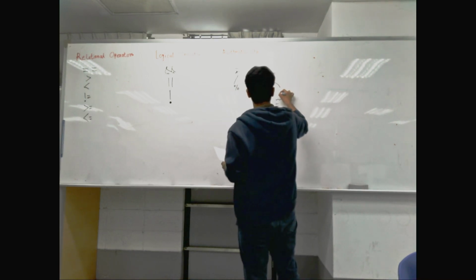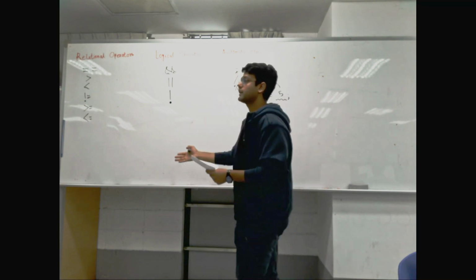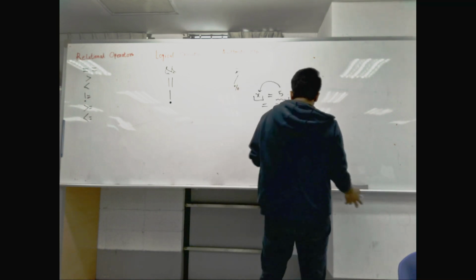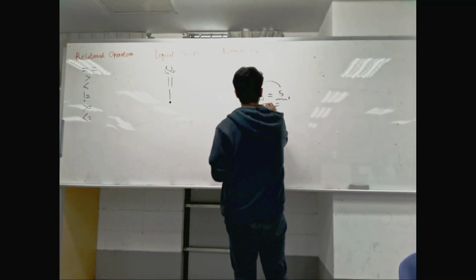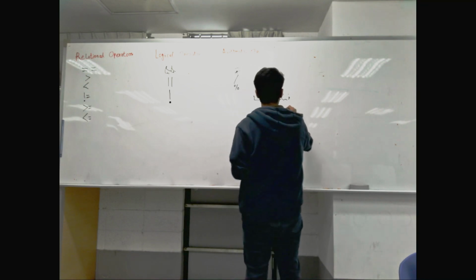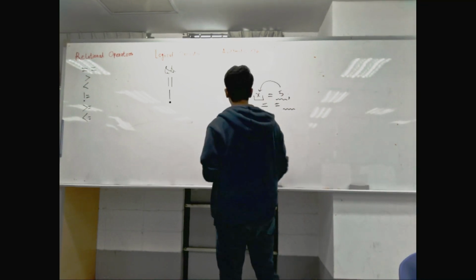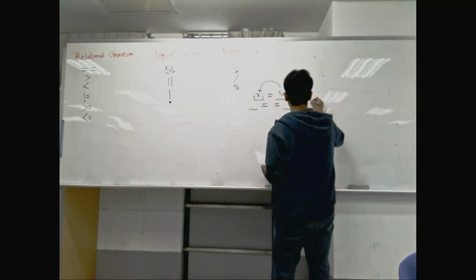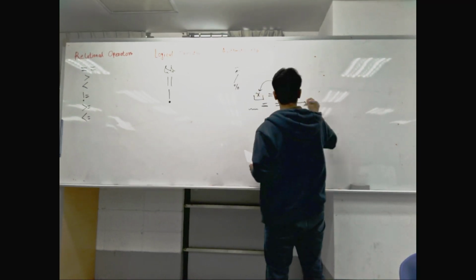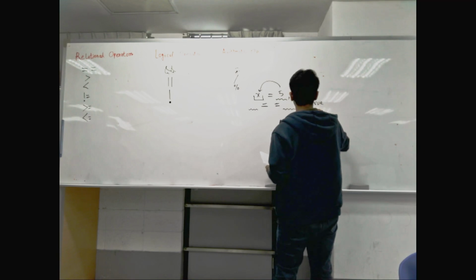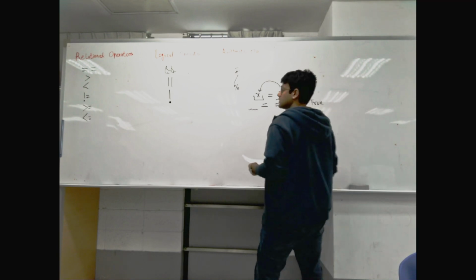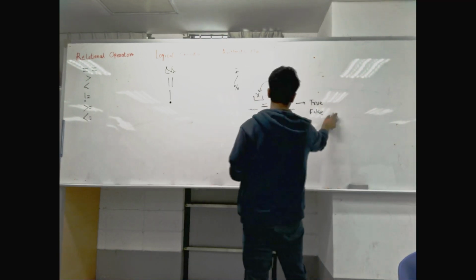So if we write 5, then x will have the value 5. But double equal to means that the value over here should be equal to the value over here. If it is the same, that means it's true, otherwise it's false. So this way we are giving a condition.